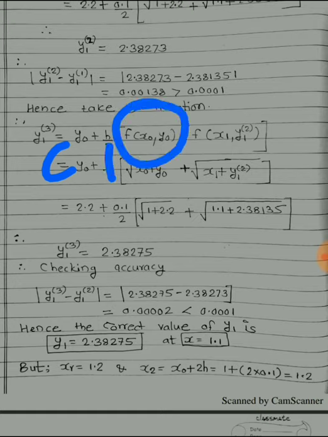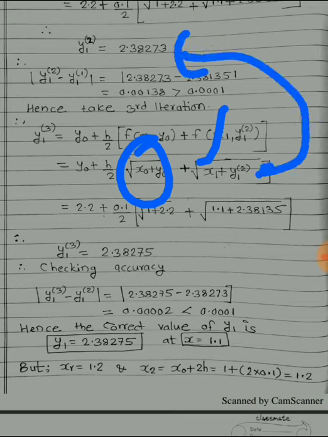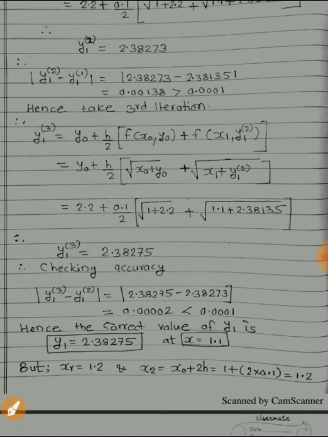This f of x0 y0 becomes equal to square root of x0 plus y0, which is known now, plus square root of x1 plus y1. Instead of y1 it is now y1 of 2, and this value is known. So I will put all the values once again. y0 is 2.2, h is 0.1, x0 is 1, y0 is 2.2, x1 is 1.1, and y1 of 2 is 2.38273.